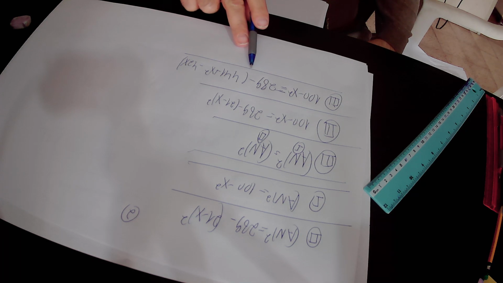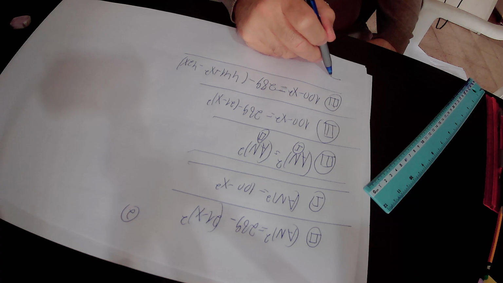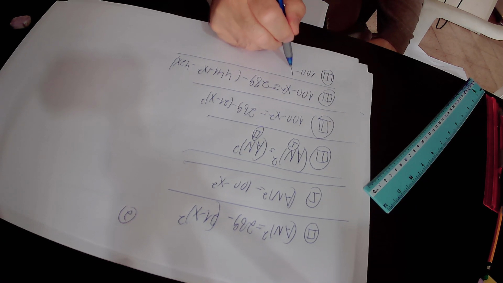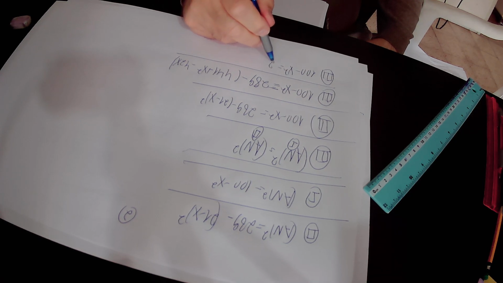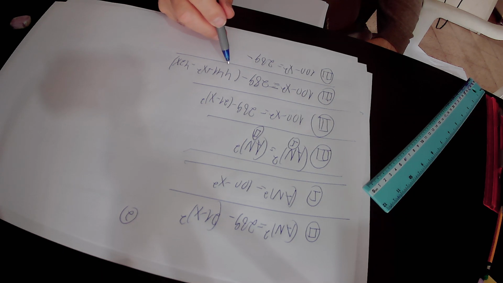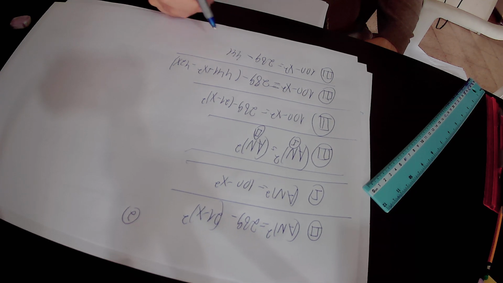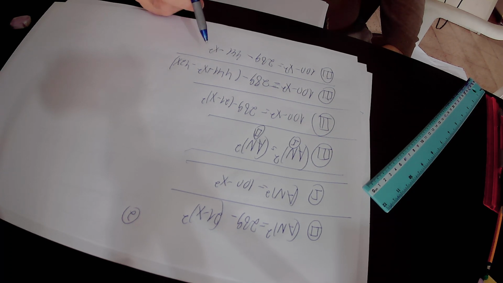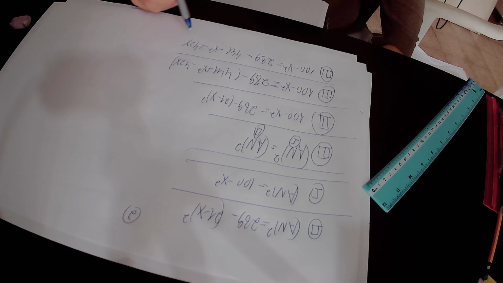So here we'll open the brackets on this side of equation 3, and we get that 100 minus x squared equals 289, and here we have minus before the bracket, so it will be minus 441, and here minus x squared, and minus times minus is plus, so it is plus 42x.